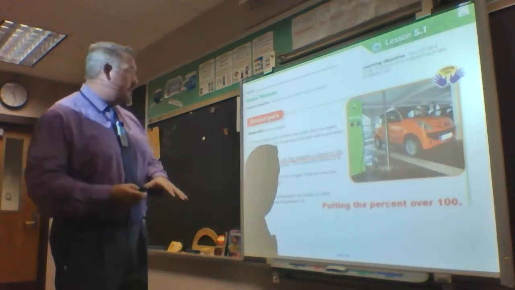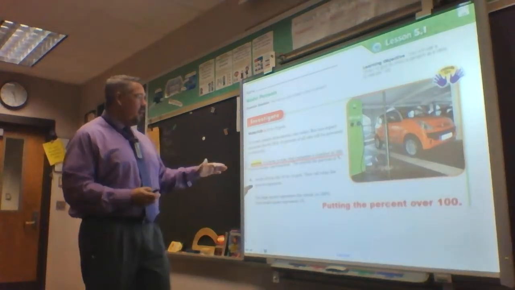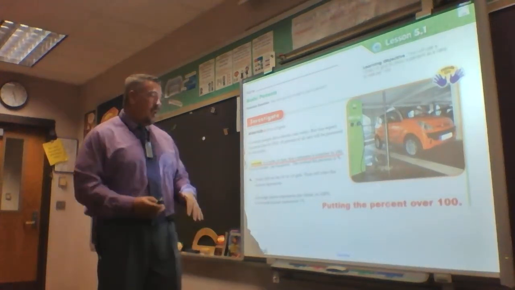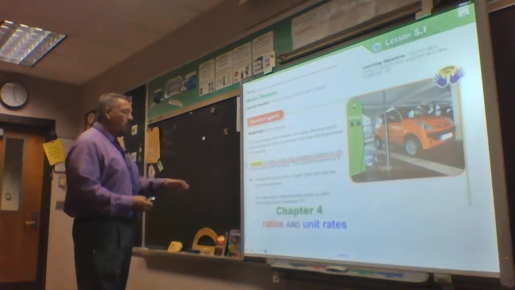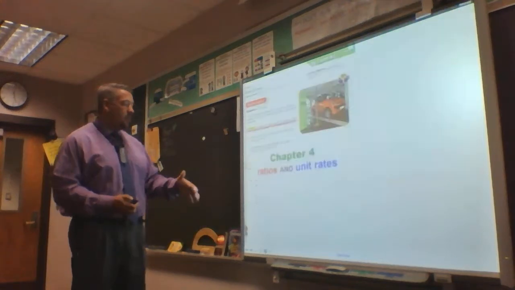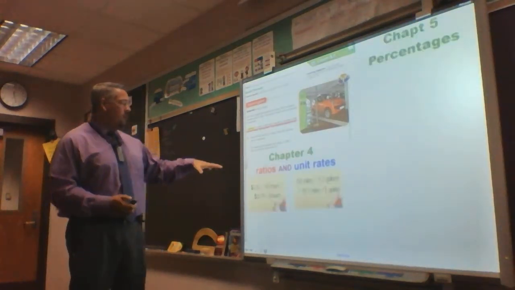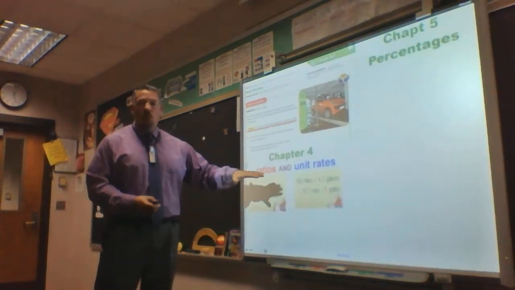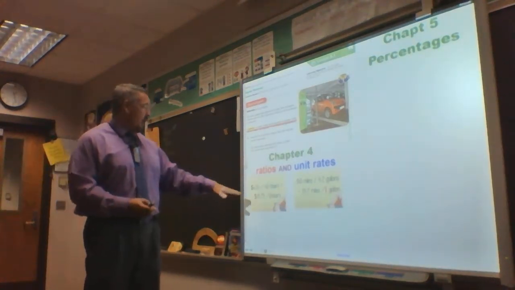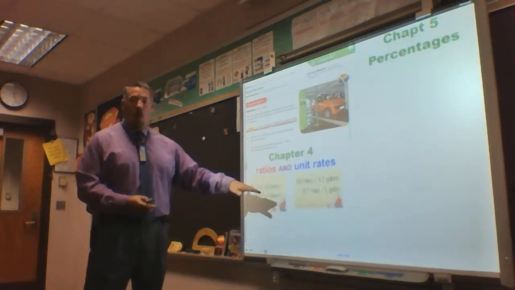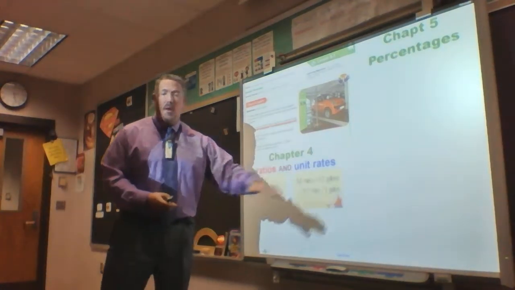So we're going to do a quick review because we've been talking about putting things over 1, and now we're going to be putting things over 100. So when we look at what we talked about before with ratios and rates, we've talked about with ratios how we have certain amounts to a certain amount, comparing boys to girls, or in this case, dollars per hour, or in this case, miles per gallon.